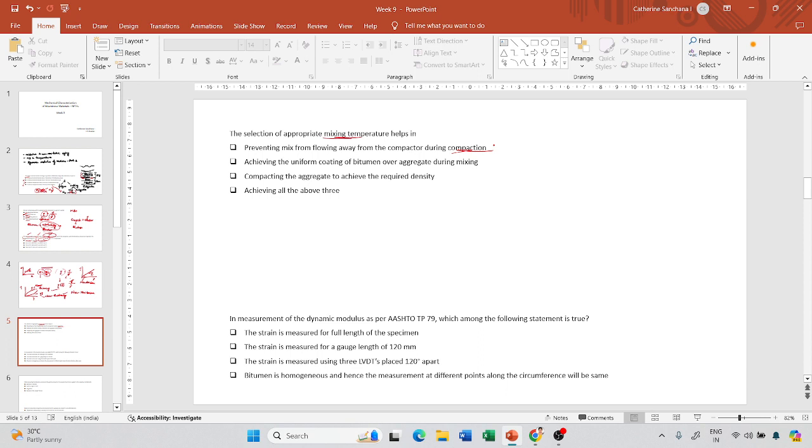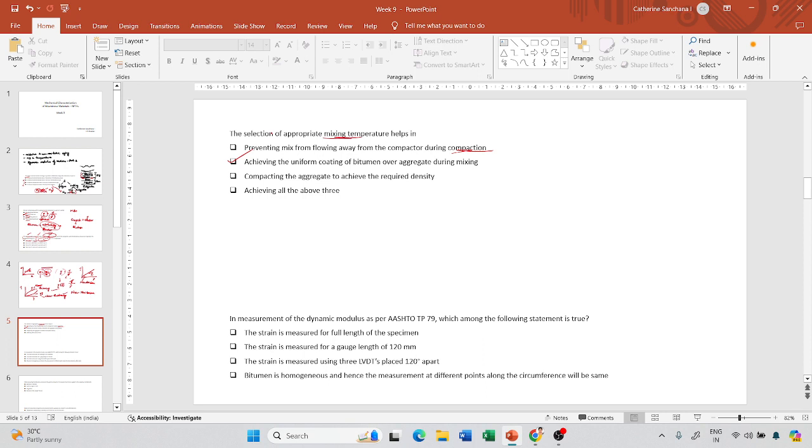Then the next option, achieving the uniform coating of bitumen over aggregates during mixing. So this corresponds to mixing temperature, correct? In mixing, we target a coating of a film thickness of 10 microns, right?